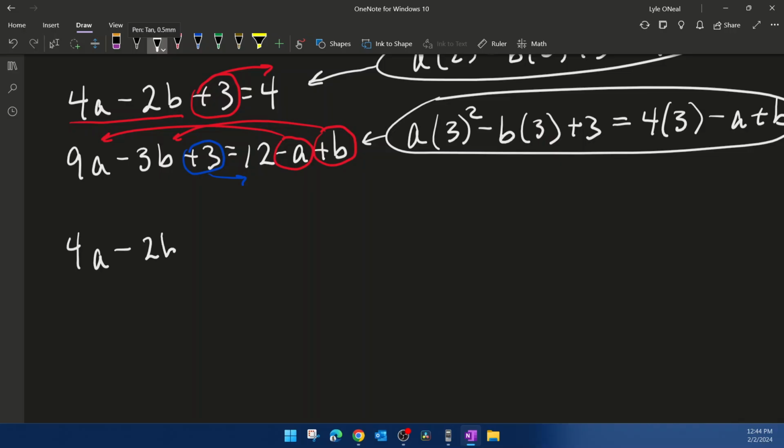4a minus 2b equals 1. That's from the first equation. And the second equation, I will have 10a minus 4b equals 9.